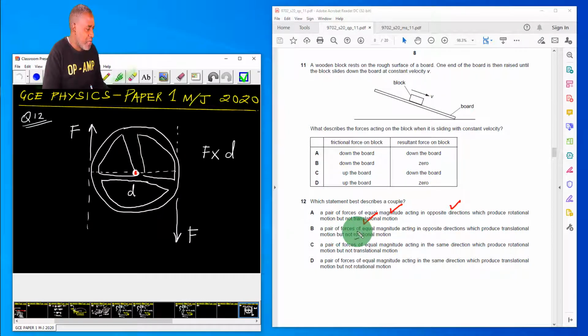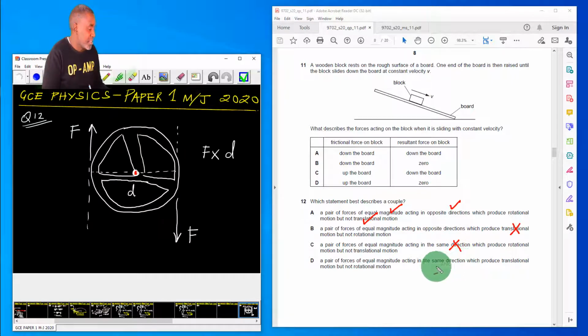Let's look at the next one. A pair of forces of equal magnitude acting in opposite directions, which produce translational motion but not rotational motion. This is what knocks it out. Translational motion means the object is moving, it's changing position, as opposed to rotational. So that knocks it out. A pair of forces of equal magnitude acting in the same direction, that rules it out.